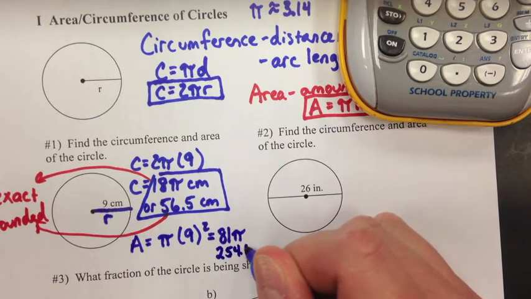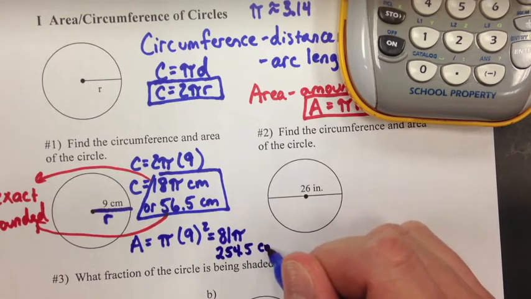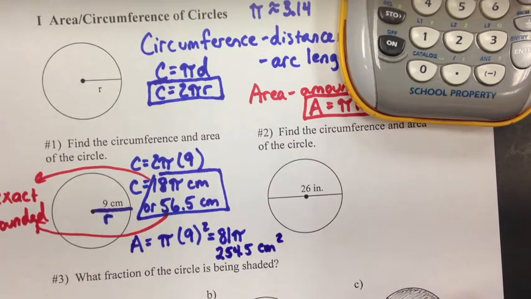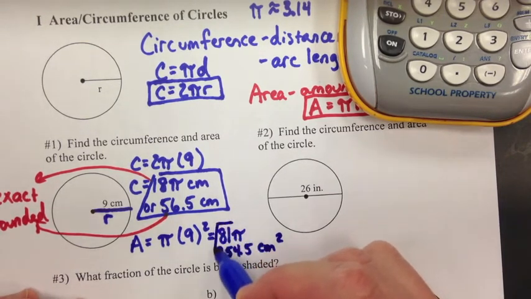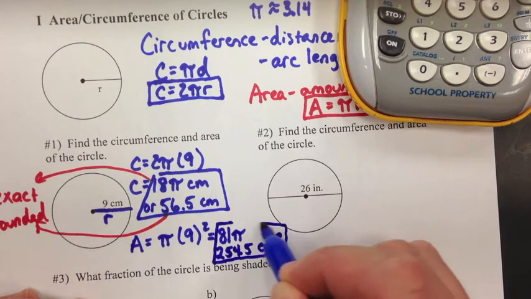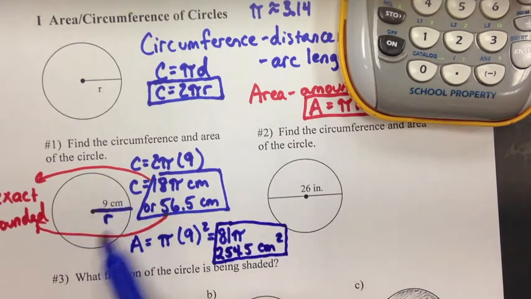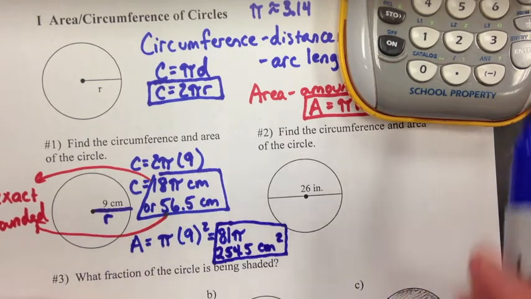Now when you talk about area, the unit of measurement is squared. It's centimeters squared, because it's two-dimensional, it's the amount of covering. If I were going to fill this circle up and cover it, it would be 254.5 square centimeters. Okay, so there's circumference, there's area.